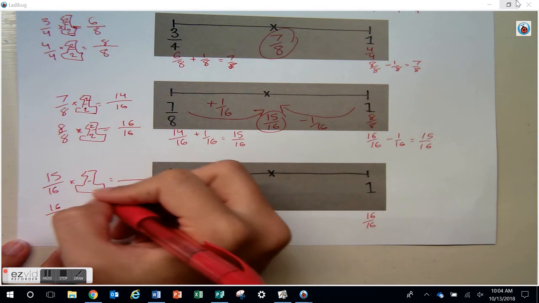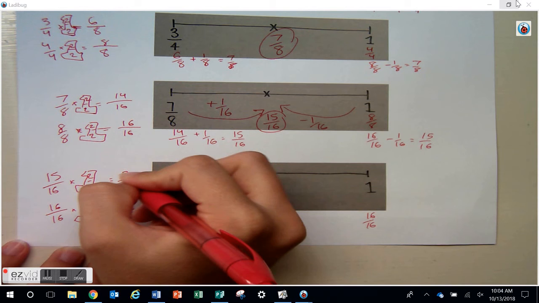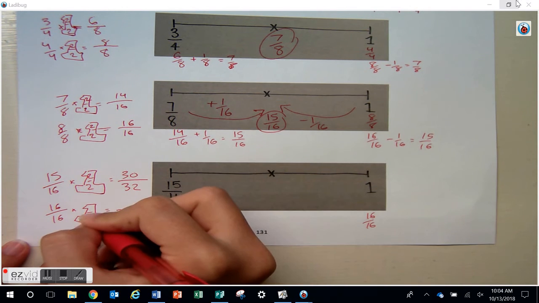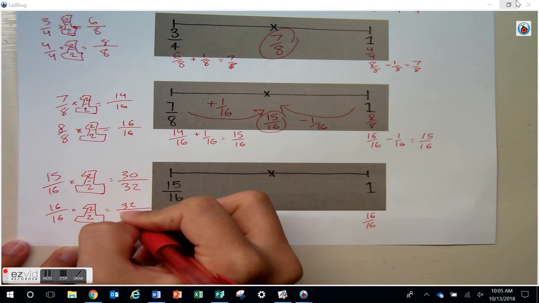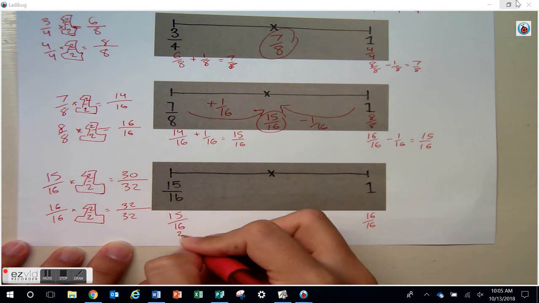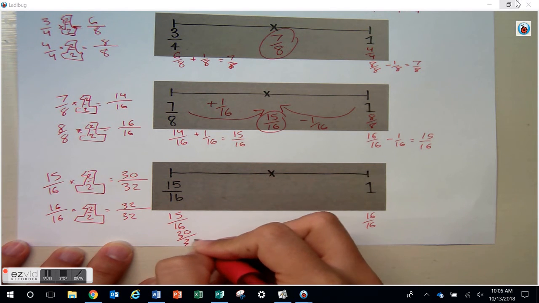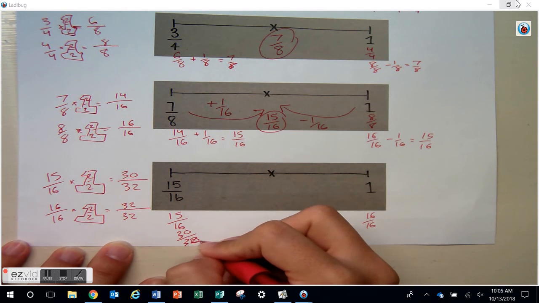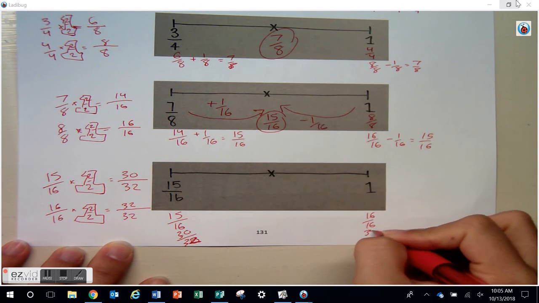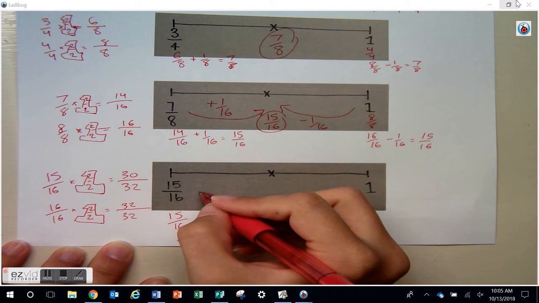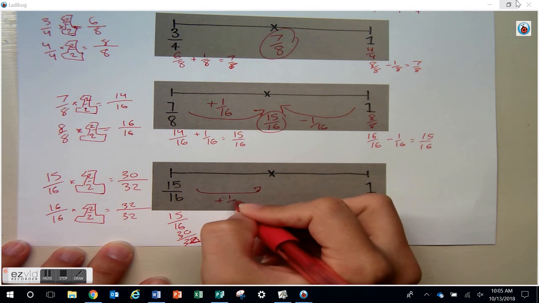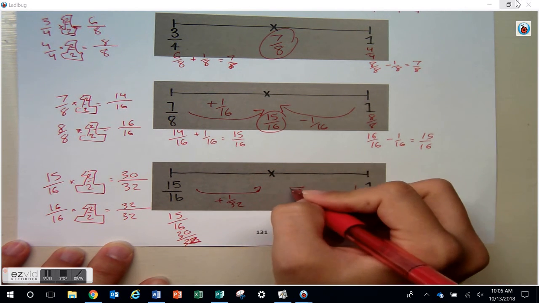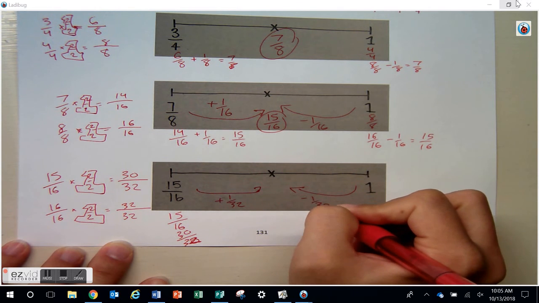Multiply by 2, we get 32 over 32. Some of you already know what that would be. I'm going to add 1/32. I'm going to subtract 1/32, and I get 31/32.